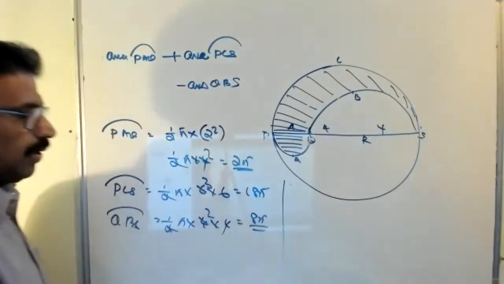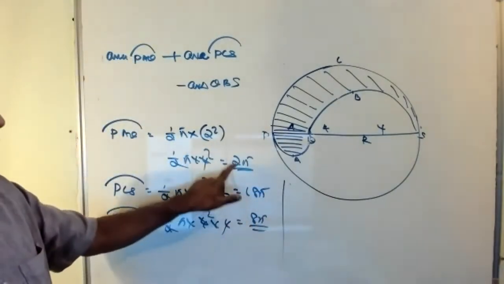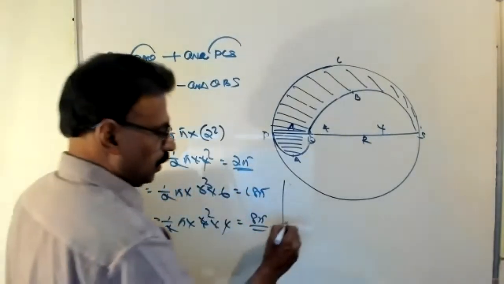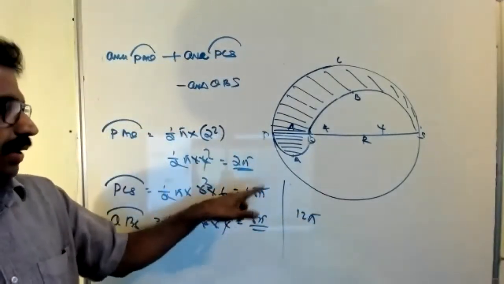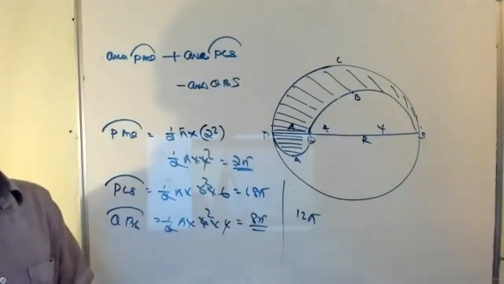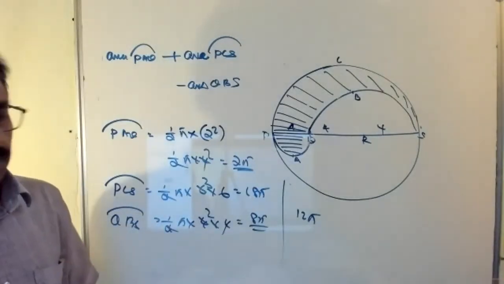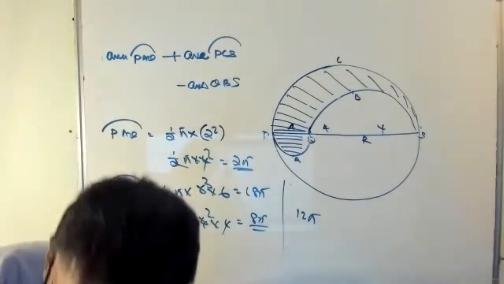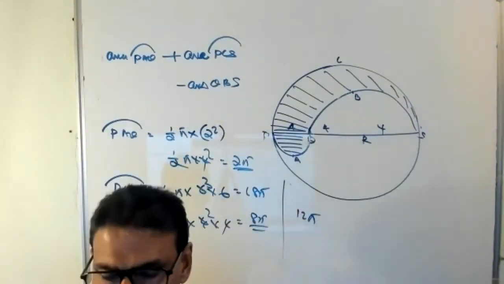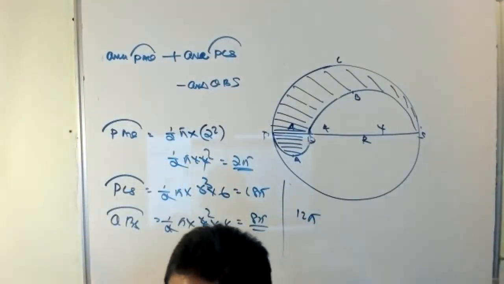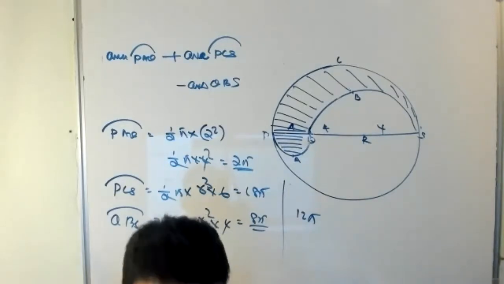Then total area is 2 plus 18 minus 8. So that means 12 pi. 12 pi means the previous answer only. In this particular question, area and perimeter are the same, that is 37.71.